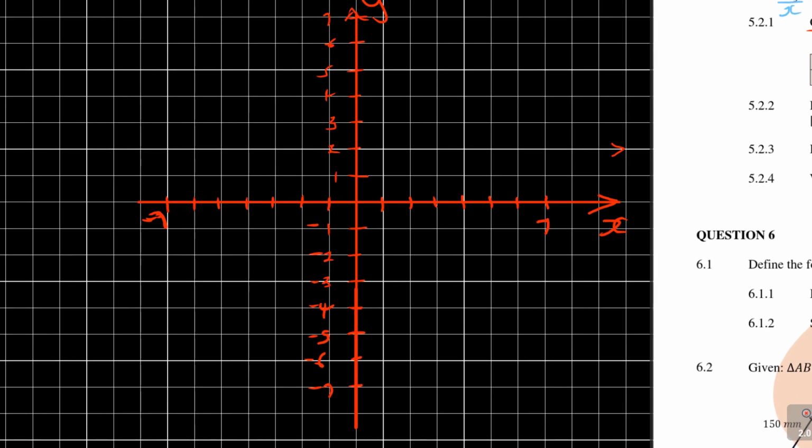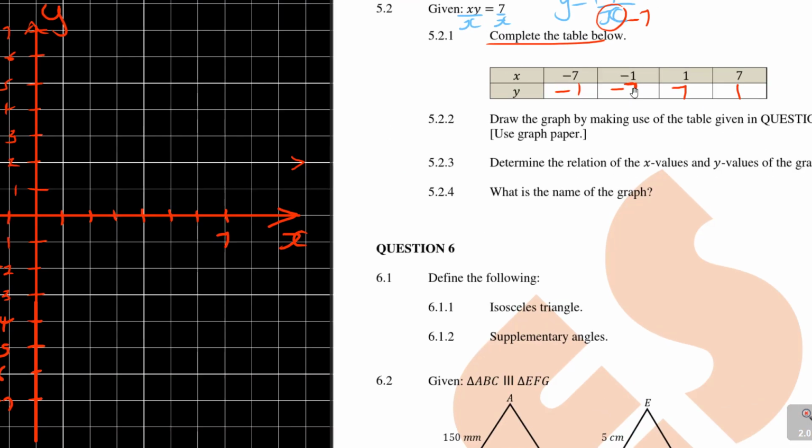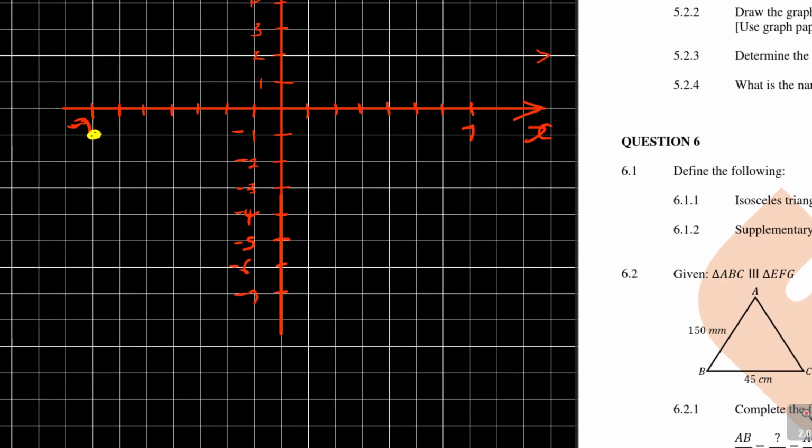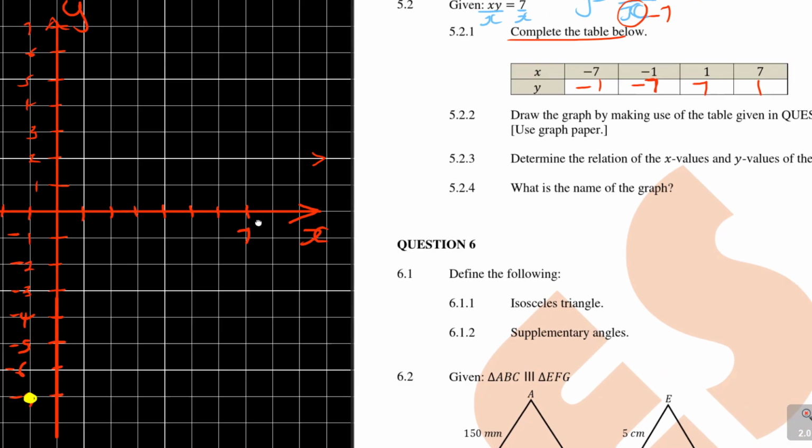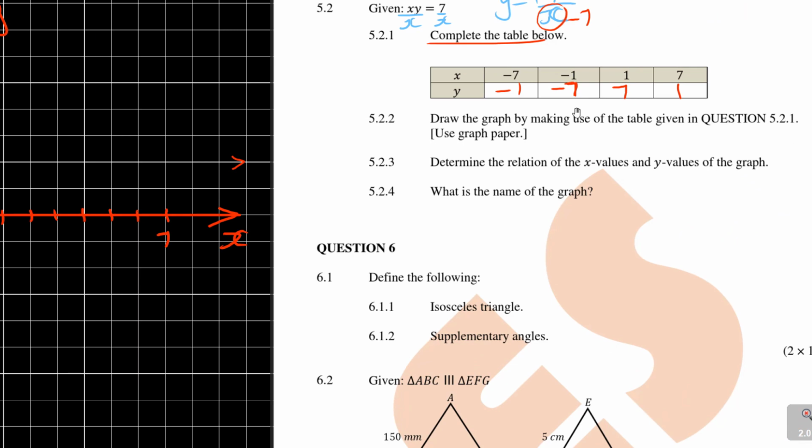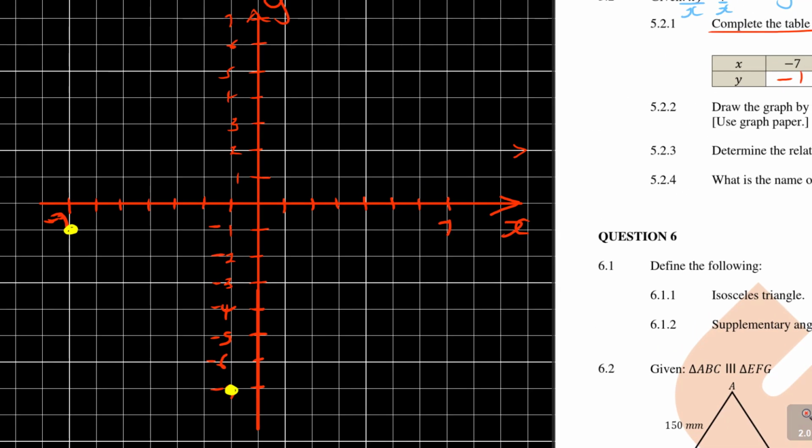It's here. And then I've got x is -1, y is -7, so there is a point there. They just gave you two points, and then the other one is 1 and 7. So x is 1, y is 7. I think it's on top there.